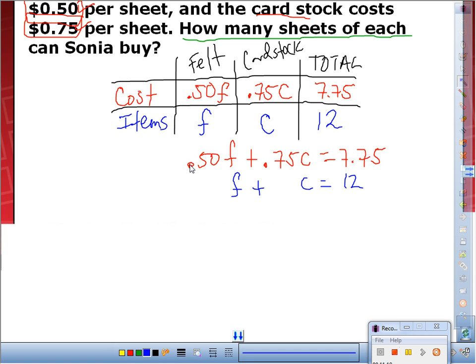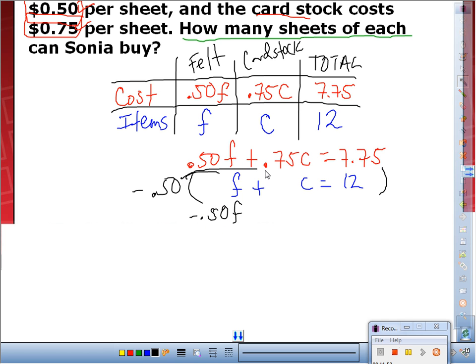This one is 0.50. What does this need to be? Negative 0.50. Therefore, I need to multiply the entire equation times negative 0.50. Distribute. This times this, it's negative 0.50F.